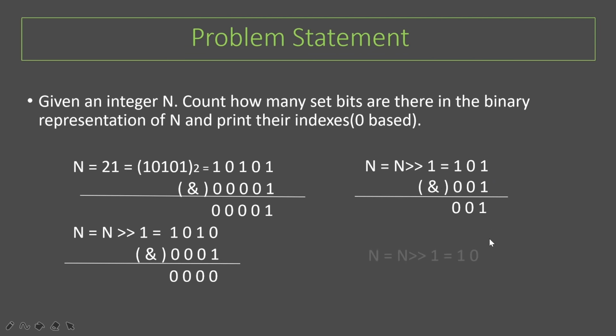Then we will again do a right shift. The remaining bits will be 10. We will again do AND with 1, and it gives me 0, so this bit is not set. In this way we will do this operation again and again till n is 0. If n is 0, then there are no more set bits, so we will not do this operation again.